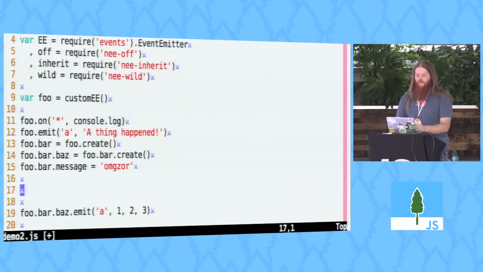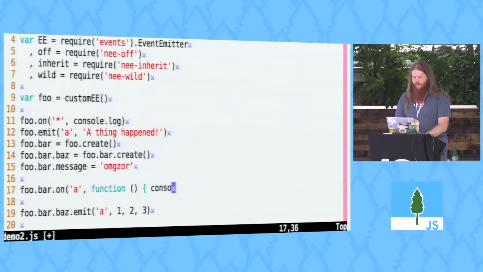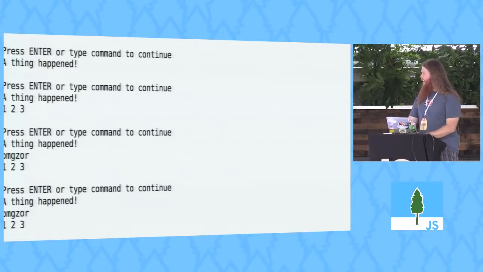To verify that these are actually happening on the object we expect, we can say foo.bar.on A and see what this.message is. If this.message is "oh my God, Zor," then that means this is being emitted on that bar object. And it is. So, "oh my God, Zor, a thing happened."